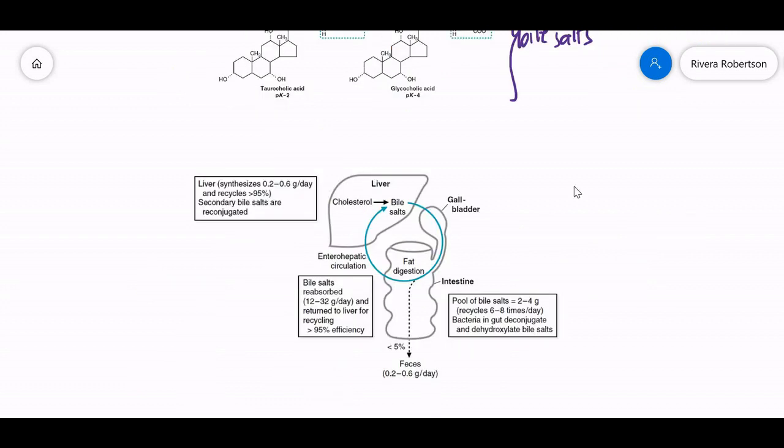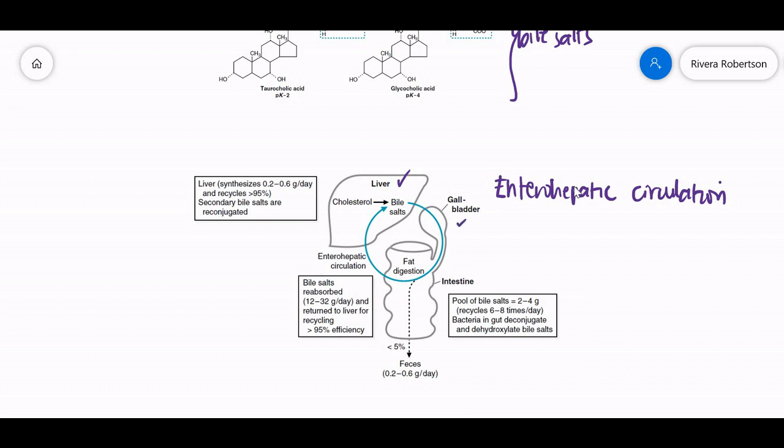The following diagram shows us the enterohepatic circulation. Your bile acids are synthesized from cholesterol in the liver and then stored in the gallbladder.